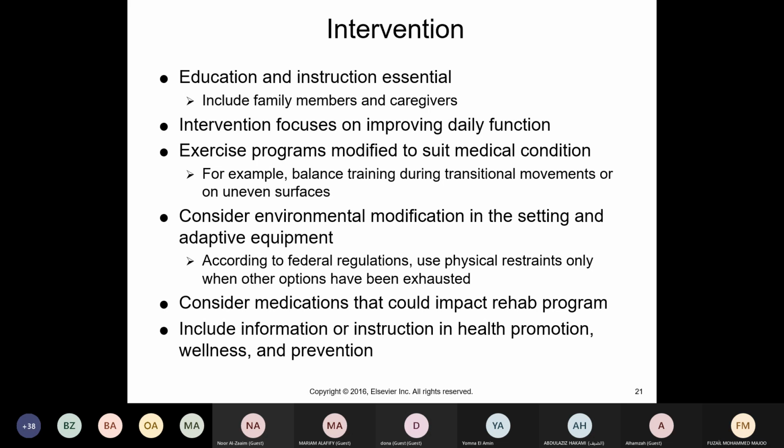You can take exercise programs and modify them to suit each patient's needs, so you can customize them. You should also consider environmental modifications, both in adaptive equipment as well as in the settings they're in. Are they at a home setting, a hospital setting, inpatient settings? So it changes accordingly.